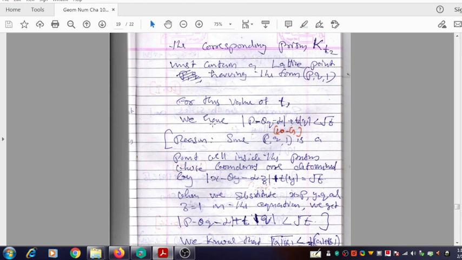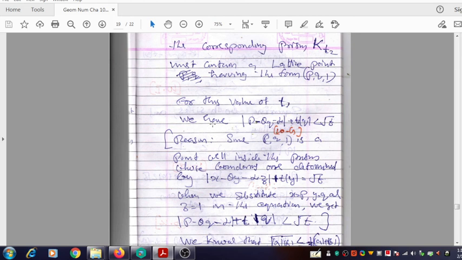This is the point we actually wanted to show. Thus we have shown that there exists in the prism a lattice point having the form pq plus 1. After that, we come to our set of equations.